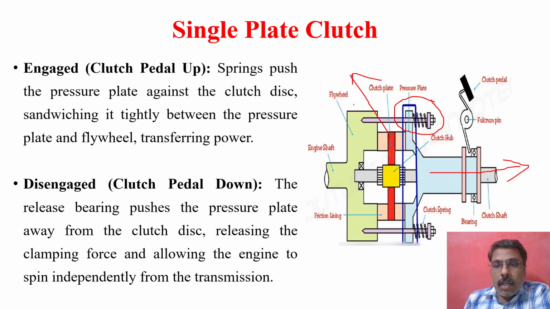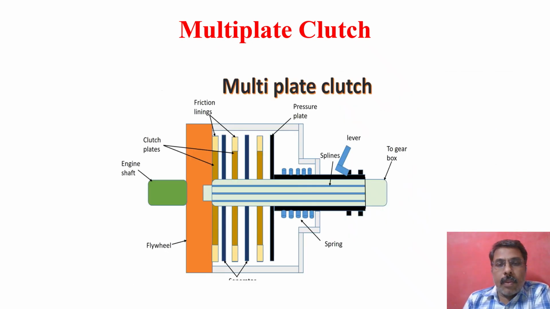In the single plate clutch, we use only one pair of frictional material or frictional disc. Another type is the multi-plate clutch, as shown in the figure. Here, more than one set of frictional plates is used to transmit the power from the flywheel to the driven shaft.